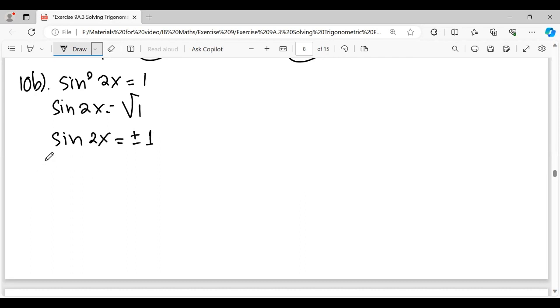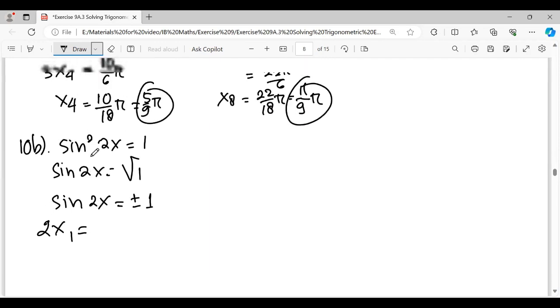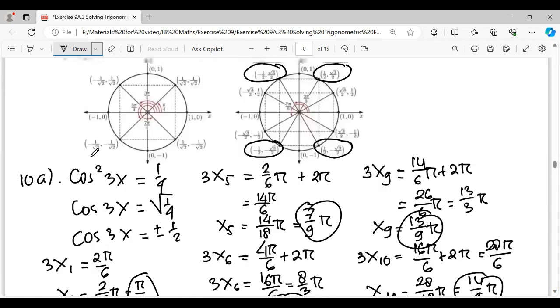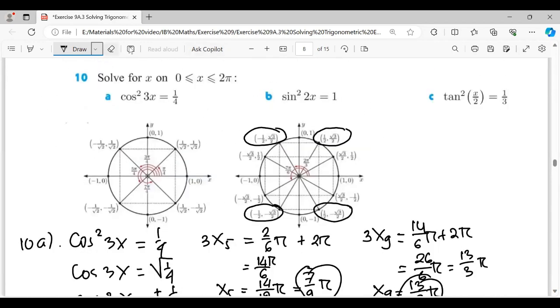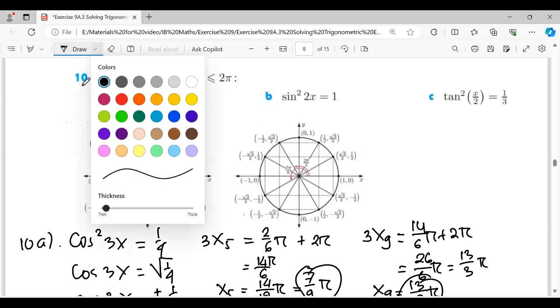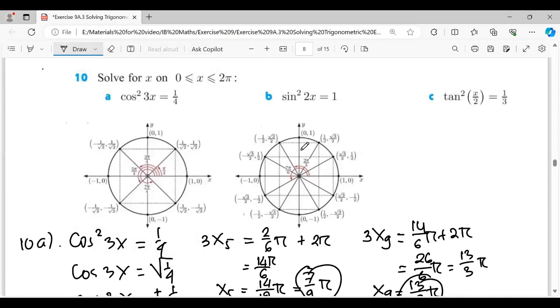So for 2x1, we're going to find where sine equals 1, this, and this, 1 and negative 1.